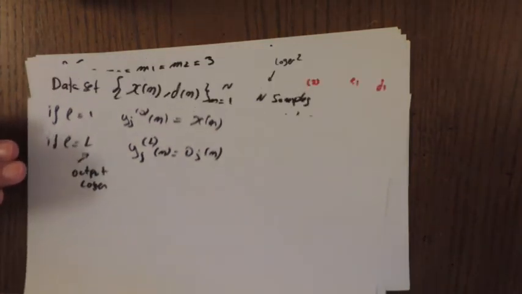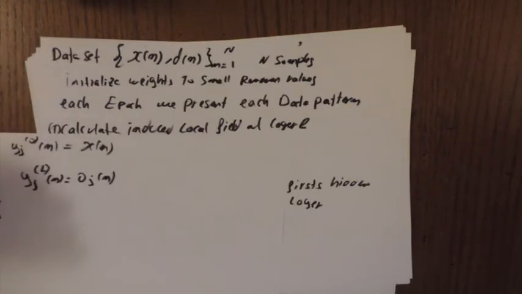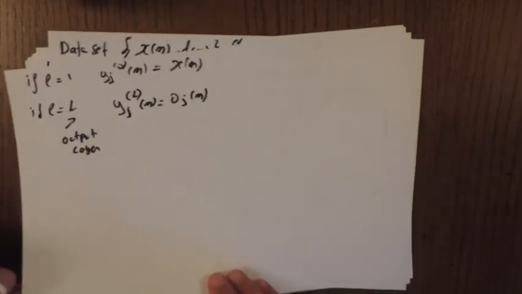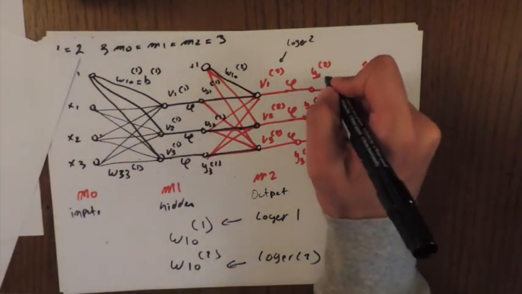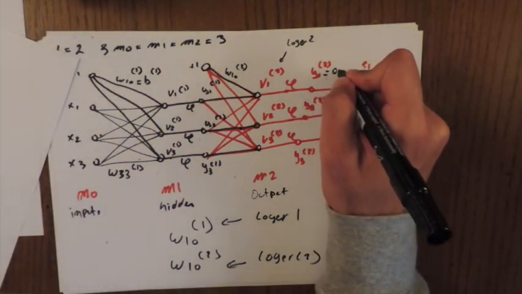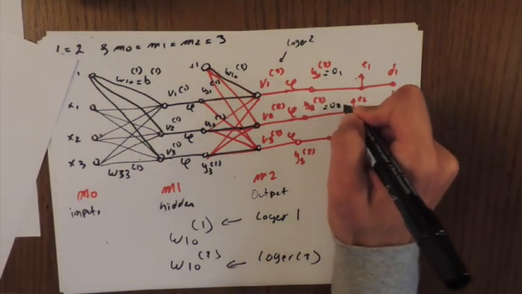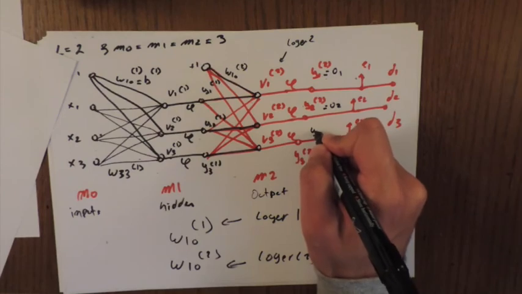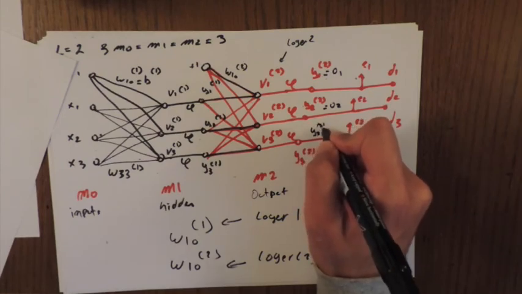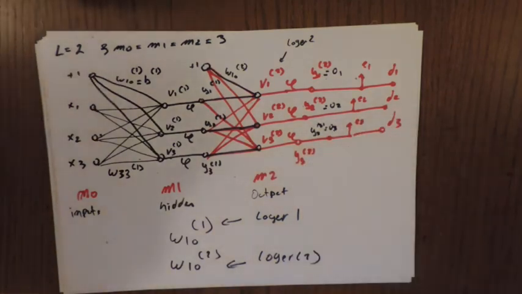So the oj of n is actually, we'll place it on the figure, these guys. So this is O1, O2, and this is y3, which equals O3.